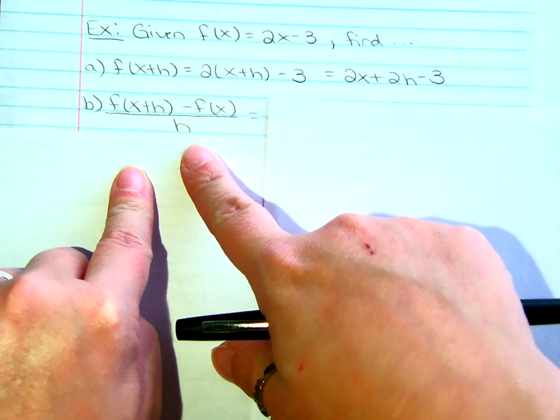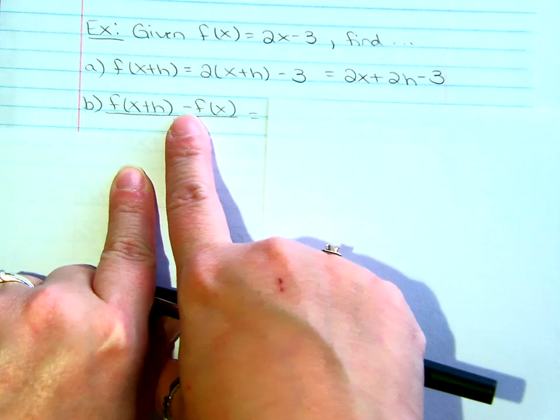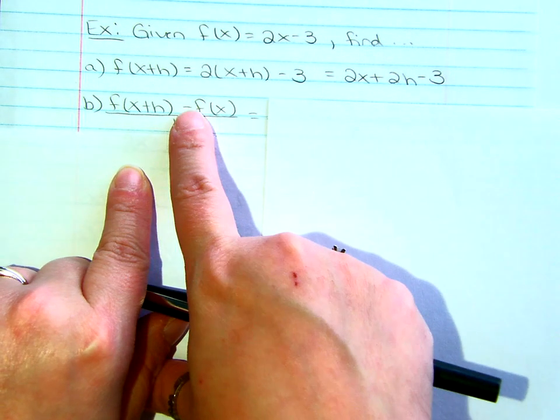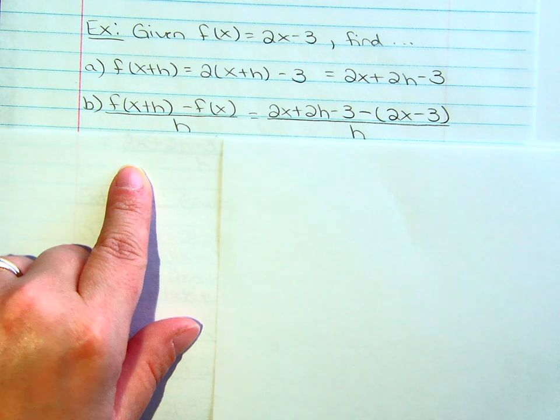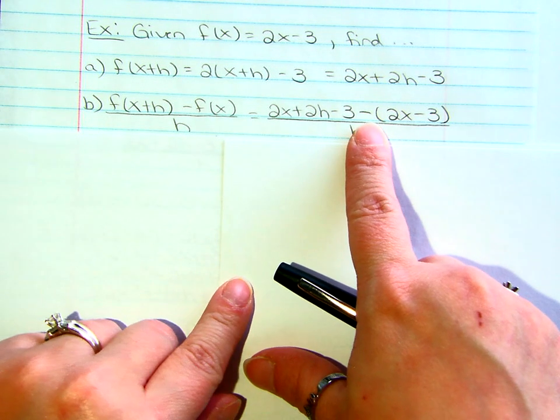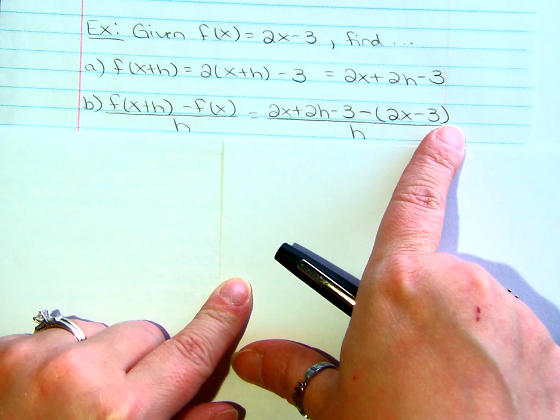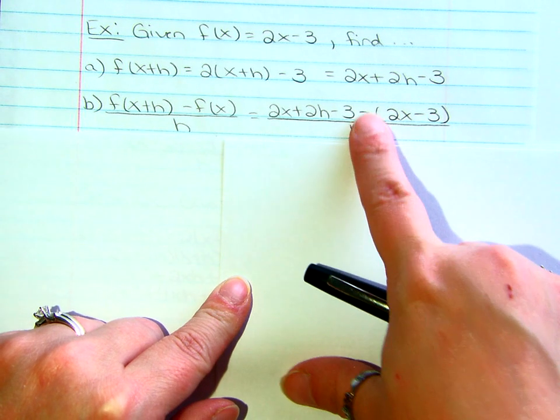The one thing to be careful about with your difference quotient, again, is that the minus goes to everything in the original function. So when I first write it, I'm going to write that f of x inside of parentheses so that I remember to distribute that negative to everything inside.